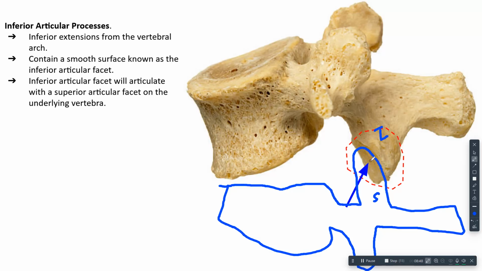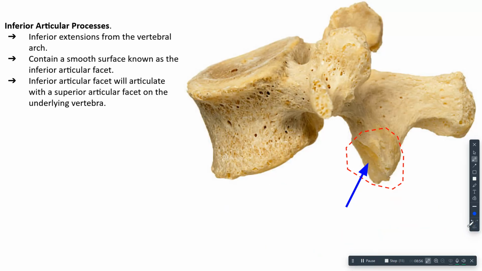Their facets meet, and this is going to anchor the vertebrae together, which is really important for stability and for strength and support. So we want to limit vertebral movement. We don't want the vertebrae to move too much, so we articulate these superior and inferior articular processes.